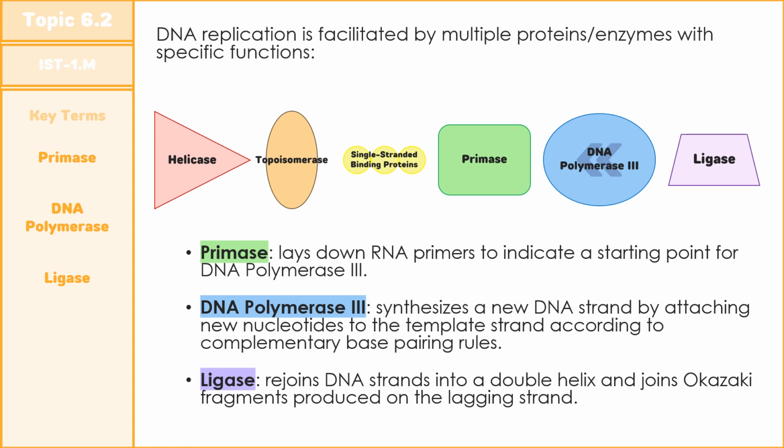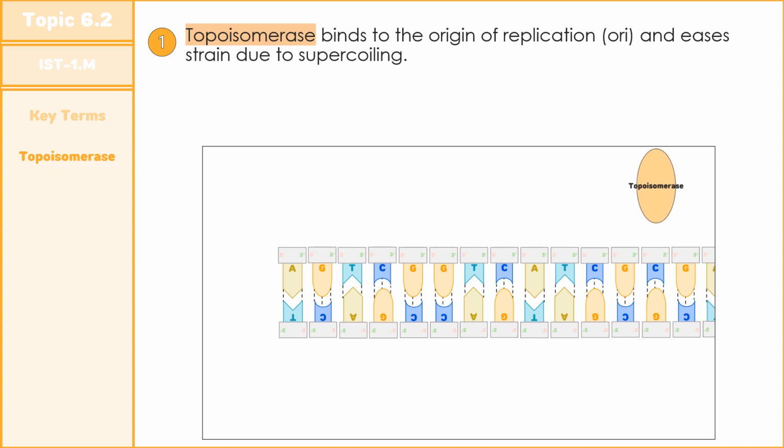For our first stage, topoisomerase is going to bind to our origin of replication and ease the strain that is created due to the supercoiling, or the twisting, of our DNA double helix.